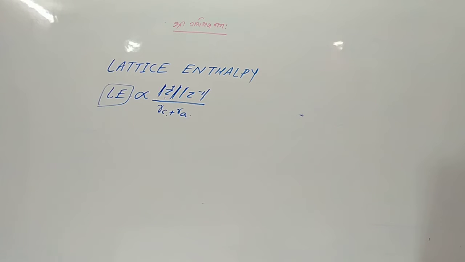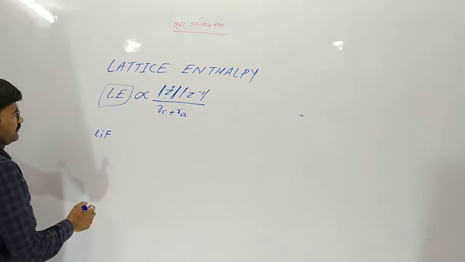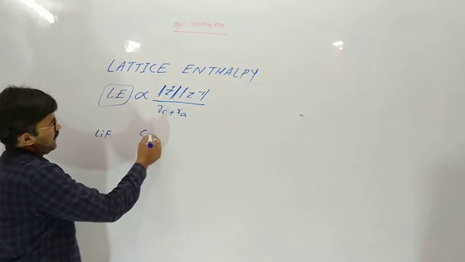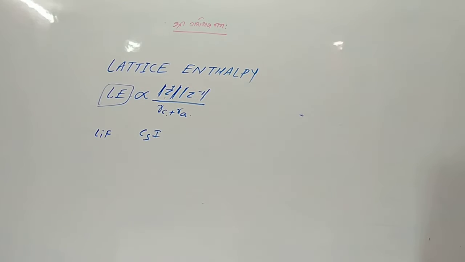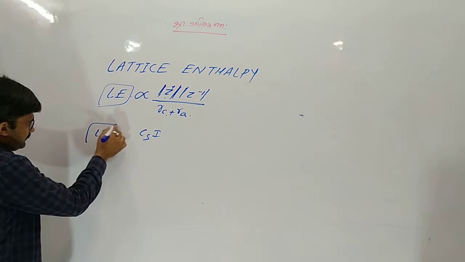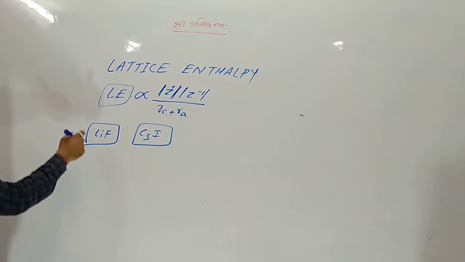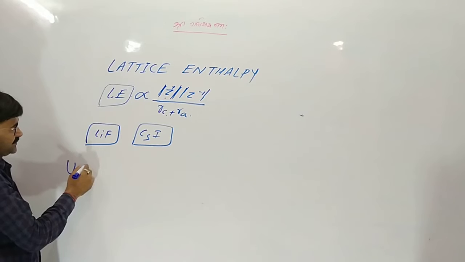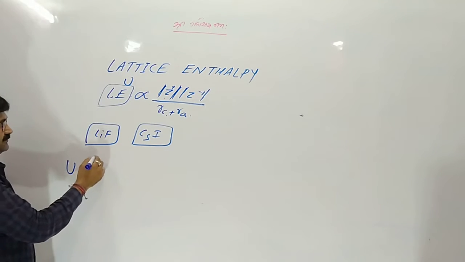Now I am giving you an example. How can we define which one has more lattice energy, lithium fluoride or cesium iodide? Here we will discuss lattice enthalpy. With the help of this formula, U is lattice energy.